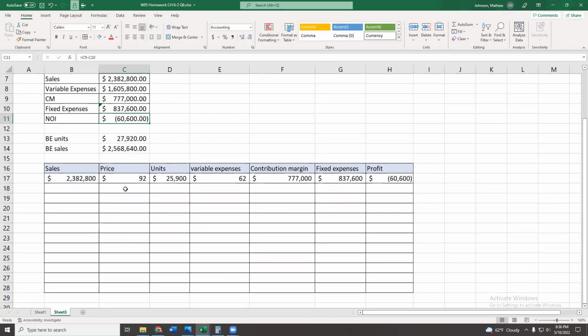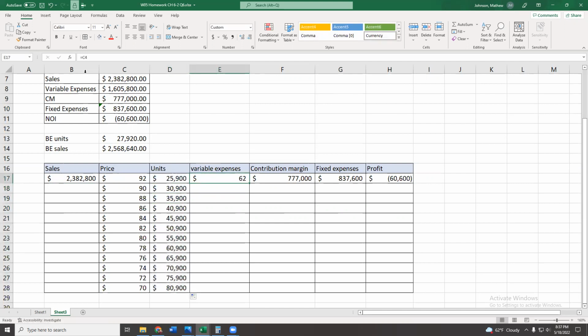Okay, so we need to reduce $2 each time. So we take the price per unit above, minus 2, and drag that down. For this difference, we're going to have 5,000 more units, so let's get the first units plus 5,000 and drag it down.